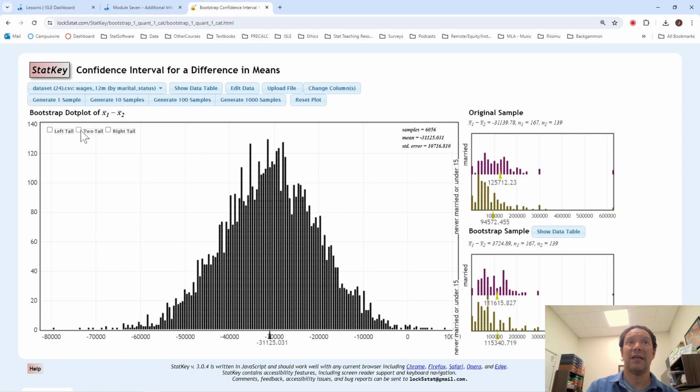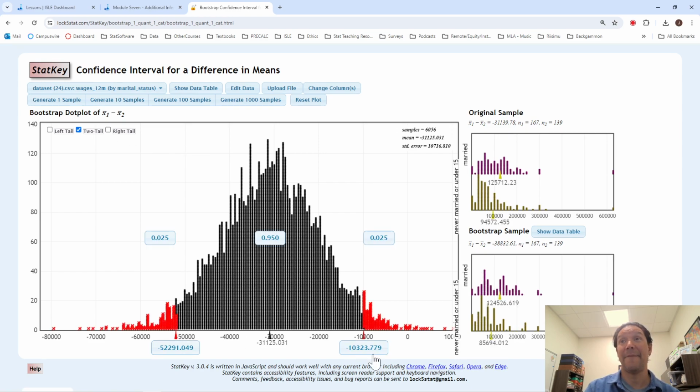So what I do here is I click two-tailed, and this tells me that based on my sample data and the difference that I observed of 31,000 between married and never married, I can, with 95% confidence, say that the true difference in mean wages between these two groups is going to be at least about 10,000, and it could be as high as 52,000.